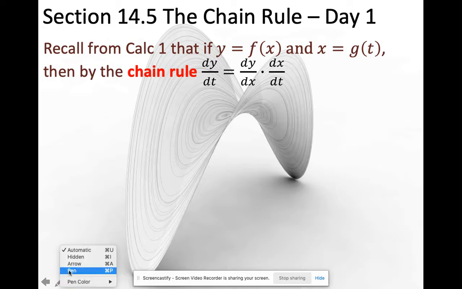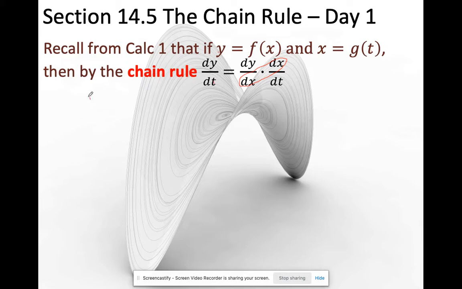I could think of the chain rule here as a product, where you chain, right? Cancel out the dx's. Well, now suppose that you have, right, and I can get the derivative of y with respect to t. Y wasn't defined in terms of x, but because I have x also defined in terms of t, I now want y in terms of t, and I want the rate of change of y with respect to t.